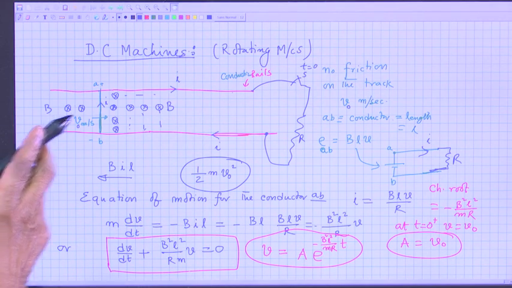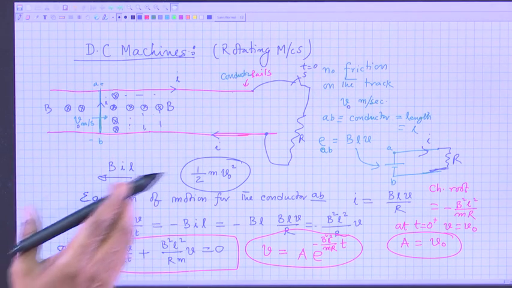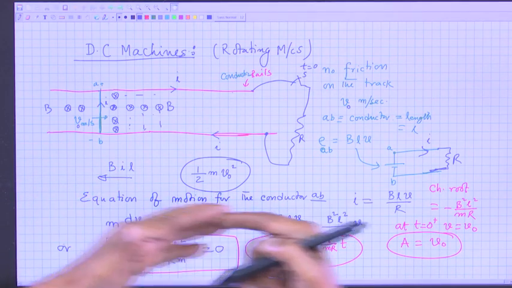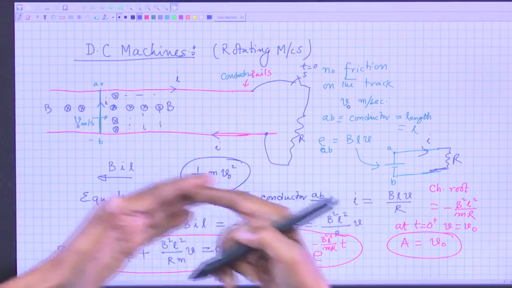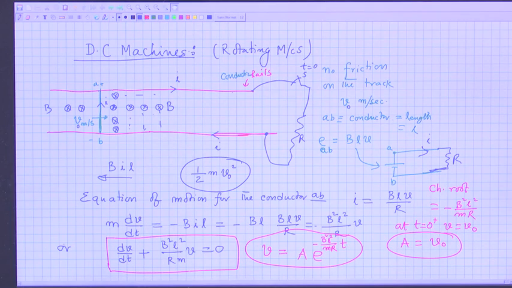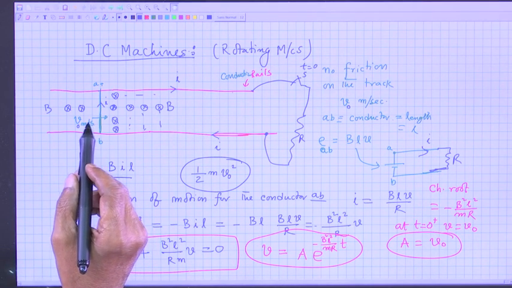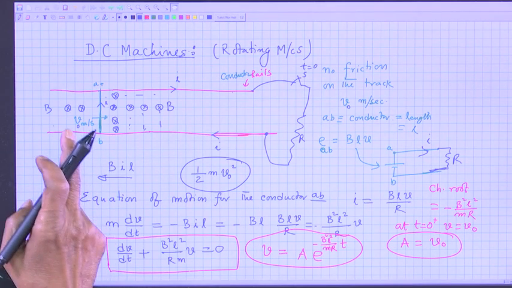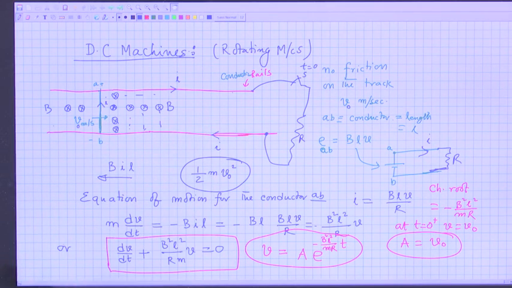You must apply another force from left to right to compensate for that opposing force, so that once again the net force will be 0 and it will run at a constant velocity. Got the idea? You must have a prime mover which will push this conductor hard.